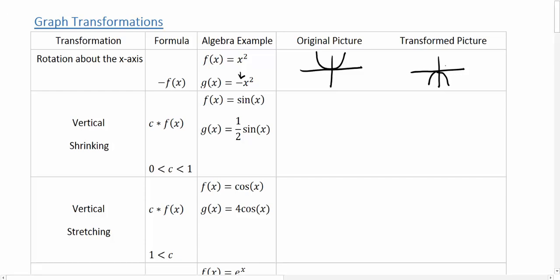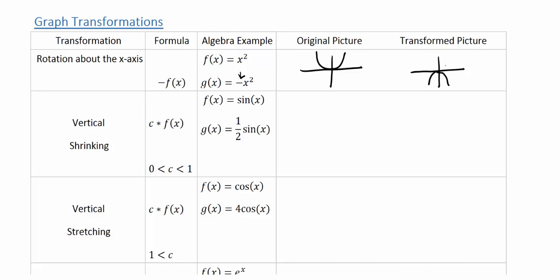The next thing we can do to a graph is multiplying it by a constant that is between 0 and 1. So that means we're going to be multiplying by some fraction, and the result of that is going to be that it's going to shrink our graph. So consider the function f of x equals sine x.